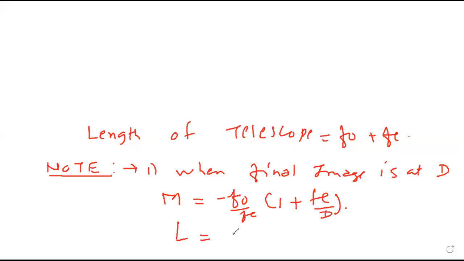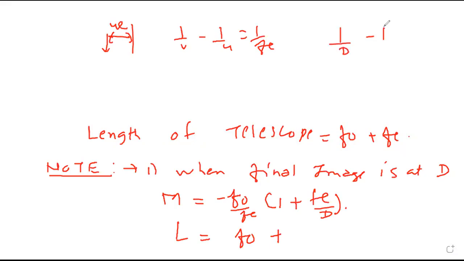So length of telescope will be FO plus UE. Now final image is not at infinity. So for object, this image A1 B1 is at some distance UE. So 1 upon V minus 1 upon U is 1 upon FE. V is D and U is UE, so 1 upon D minus 1 upon UE equals 1 upon FE. And length of telescope will be FO plus UE.